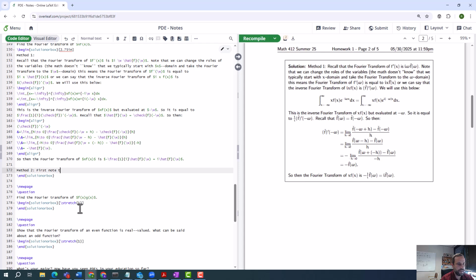So first, note that if you take the derivative of e to the minus i omega x, sorry, this should be omega, with respect to x, what you're going to get is minus i x e to the minus i omega x. So the derivative of e to the minus i omega x is equal to minus i x e to the minus i omega x.